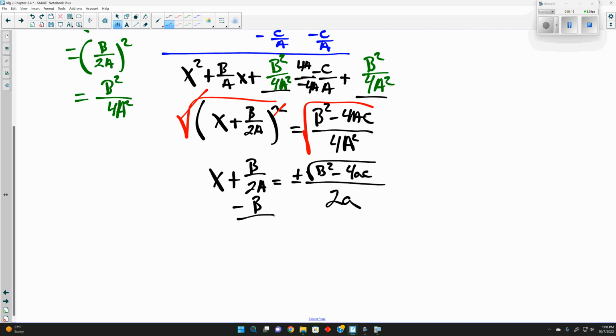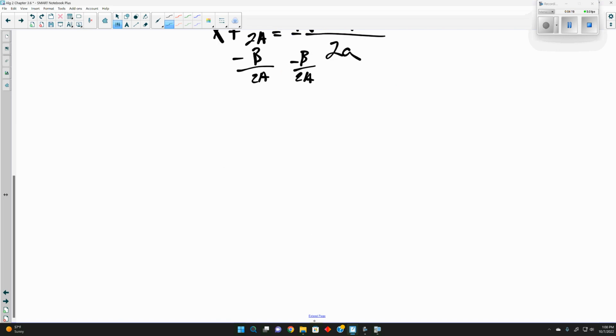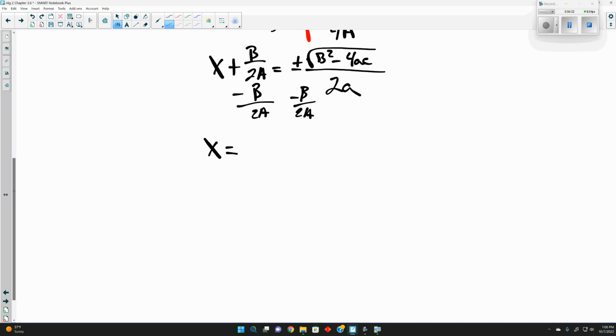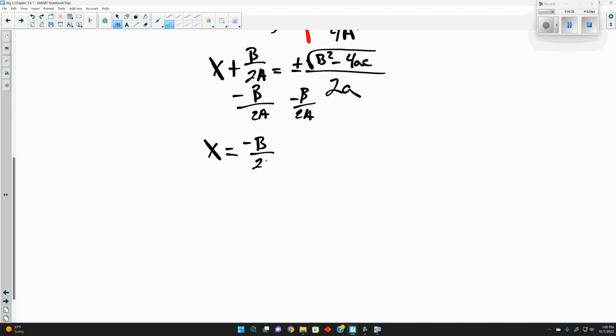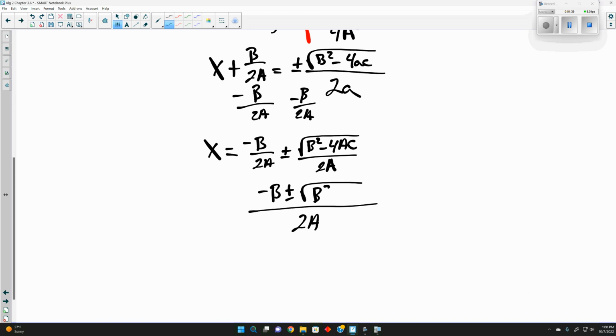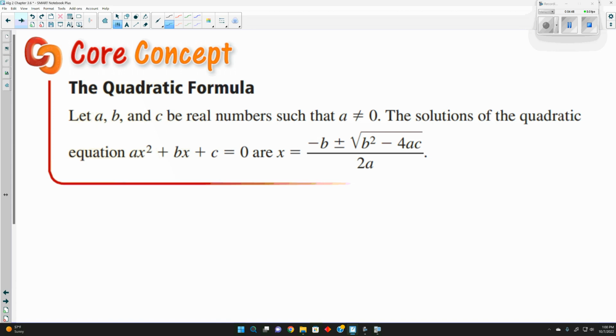And last but not least, we can subtract b over 2a from both sides, which will tell us x is equal to negative b over 2a plus or minus the square root of b squared minus 4ac over 2a. Since the denominators are the same, we can add and subtract the numerators. And we get this here, which is the quadratic formula. X is equal to negative b plus or minus the square root of b squared minus 4ac all over 2a.